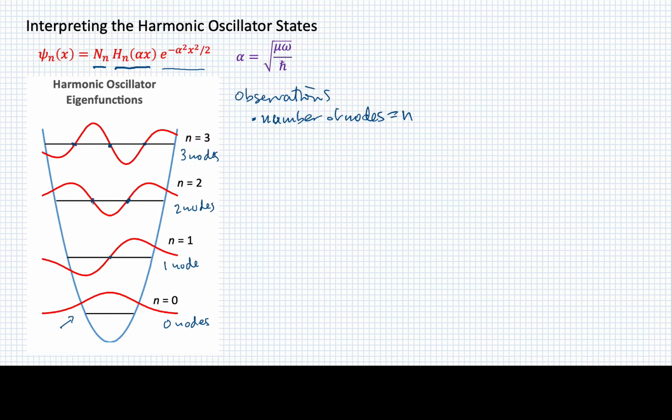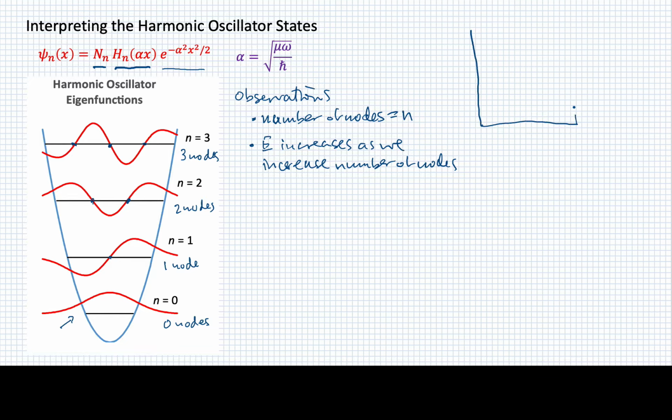Another thing that we can note is that for this one-dimensional system, the energy increases as we increase the number of nodes. This is actually a fairly general conclusion for one-dimensional systems, that as we go higher in energy, we're going to see more and more nodes. And you may recall for the particle in a box, this was also true.